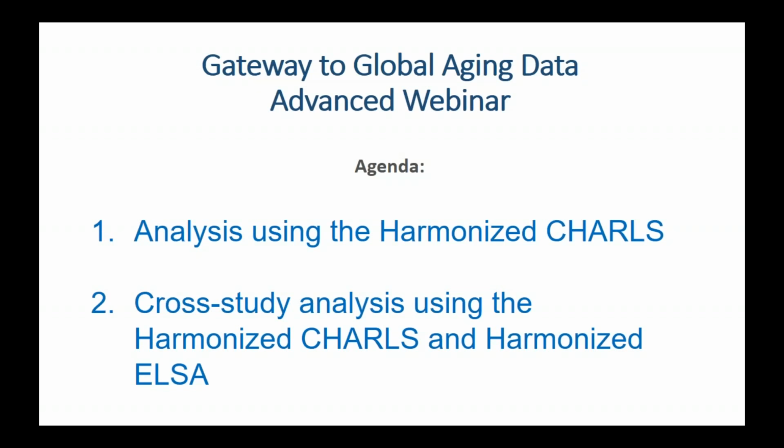And then for part 2, we're going to do a cross-study analysis using the Harmonized CHARLS and the Harmonized ELSA. And again, Harmonized ELSA is a data set that we produce here at the Gateway to Global Aging Data. And it's a user-friendly version of the ELSA data. That's the English Longitudinal Study on Aging, and that's conducted in England.